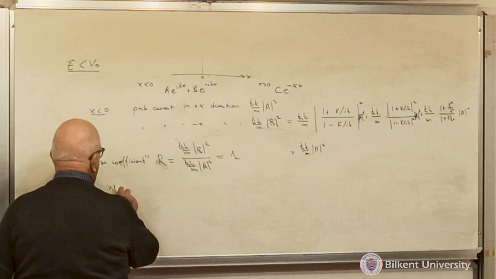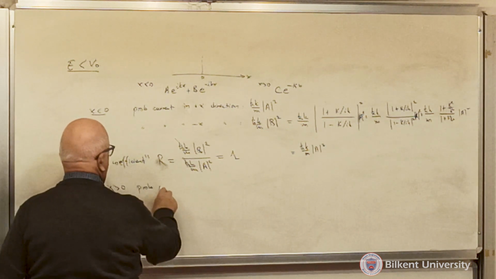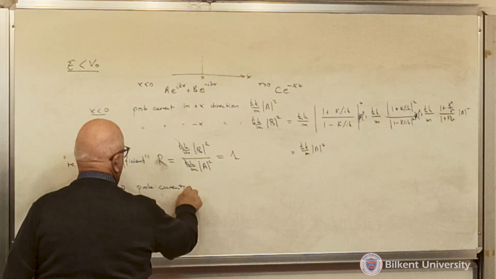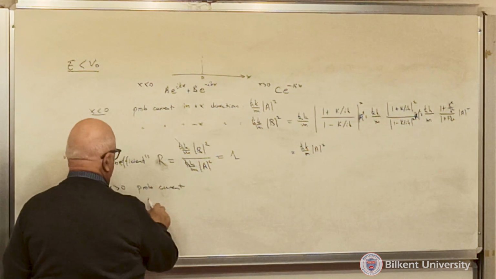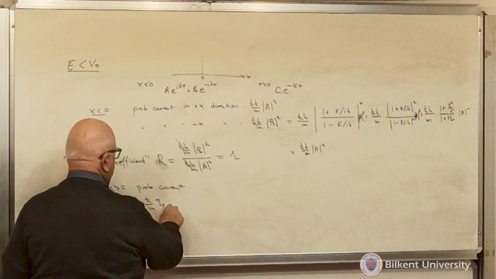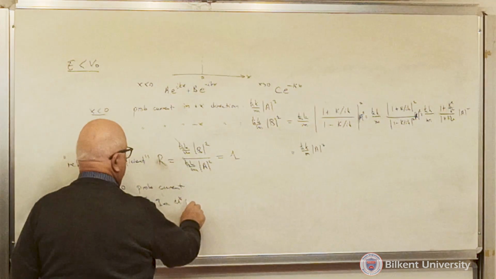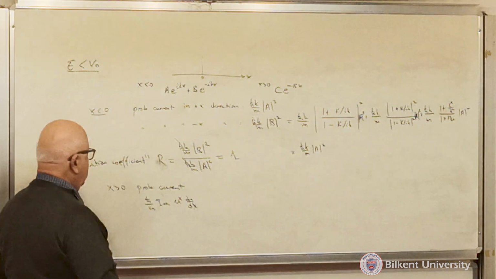For x greater than 0, the probability current in general is h bar over m times the imaginary part of u star du dx.